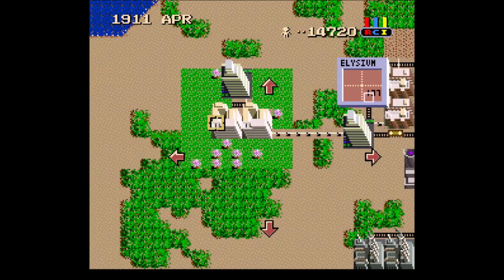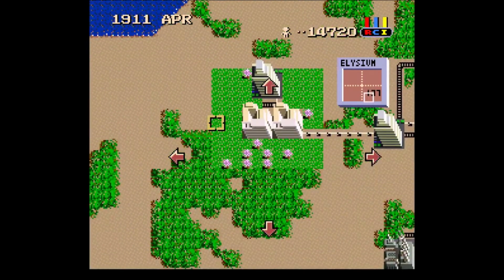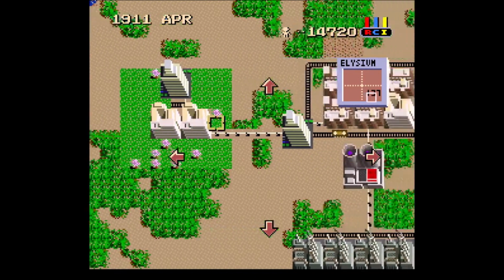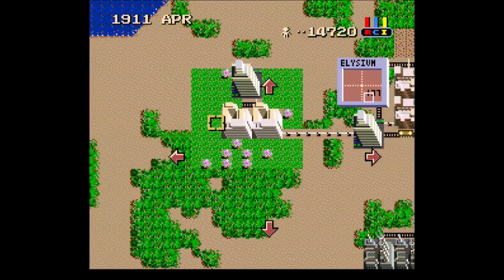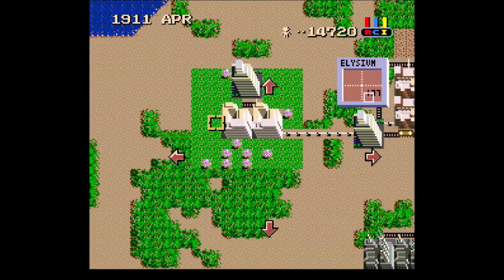No matter what. To a certain extent, of course. If I surround it with industrial zones, then obviously it won't develop. But as is, just out here, it will always develop into an R top.